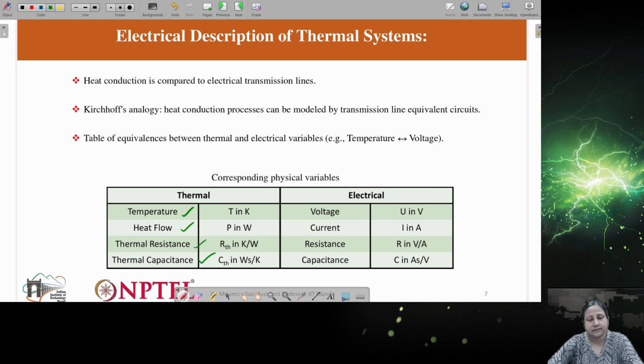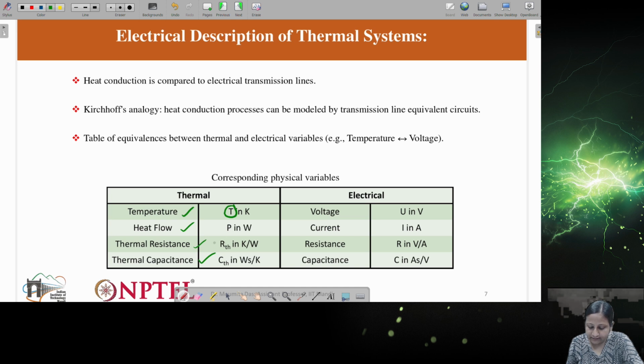The thermal parameters are generally the temperature T, heat flow, thermal resistance and thermal capacitance. Temperature, in terms of T, can be in Kelvin or in degrees Celsius; either unit works. Heat flow is given in terms of P and the unit is watt, which we know as power in the electrical case.